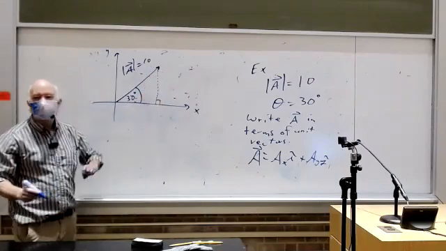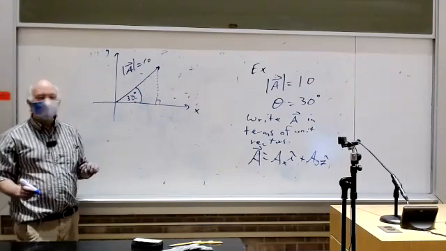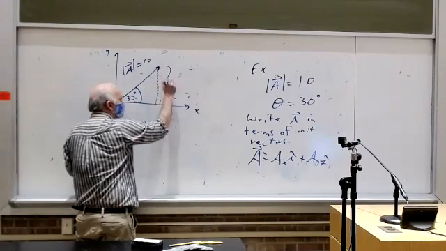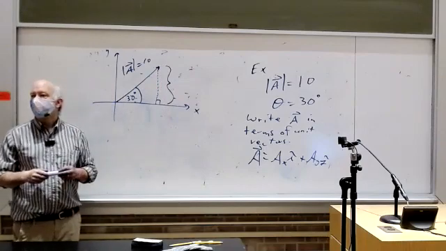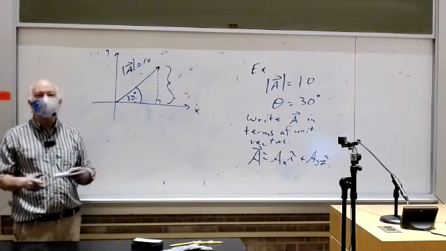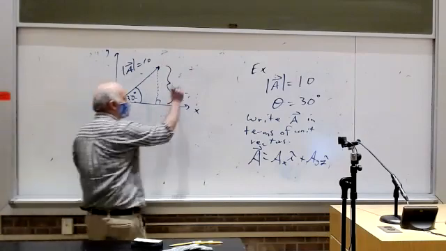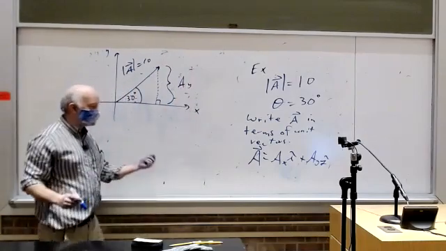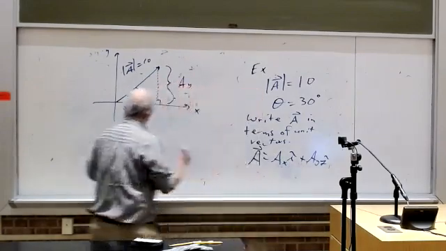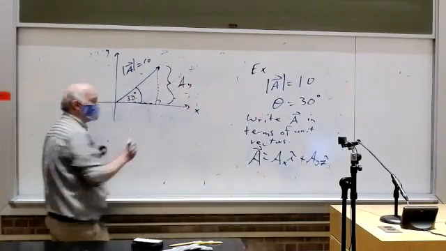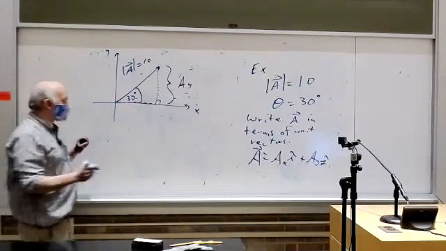Then what does that distance there have to be, in terms of our variables? It has to be Ay. This is my y component, how far it's going in the j direction. And then this fellow over here has to be the x component.